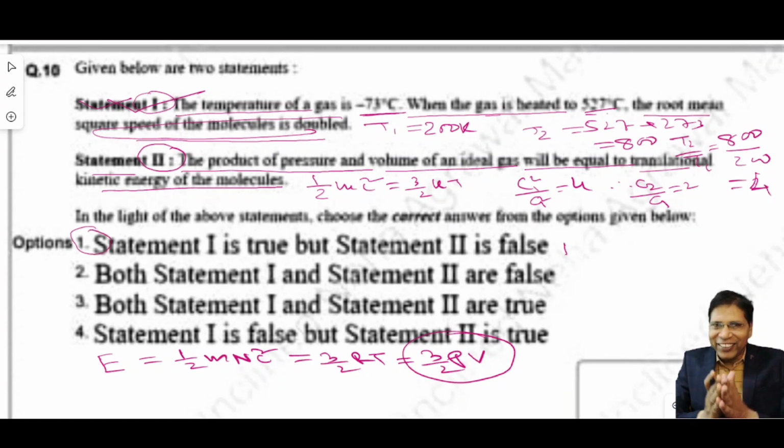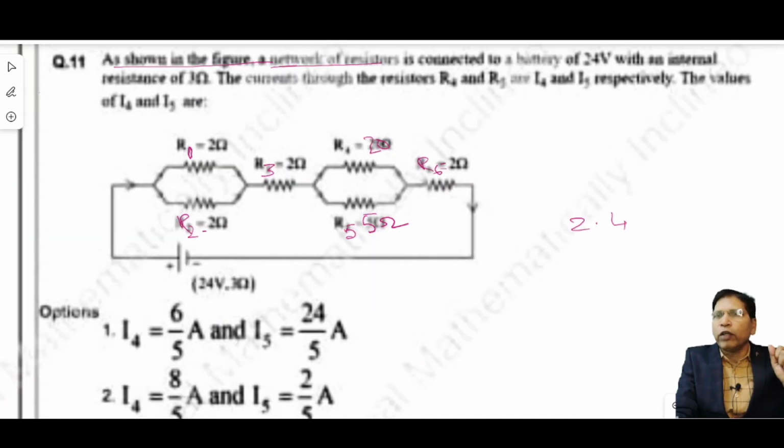Okay, understood? Next, a network of resistors is connected to a battery of 24 volt with an internal resistance of 3 ohm. The currents through the resistors R4 and R5 are I4 and I5 respectively.